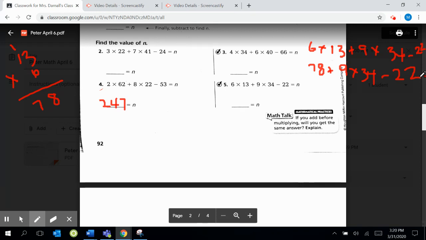All right, now I'm going to look here. This is addition, so I skip over that, and I'm going to do 9 times 34 next.